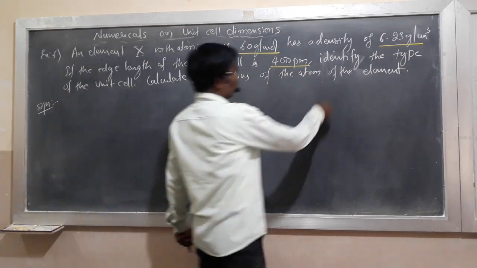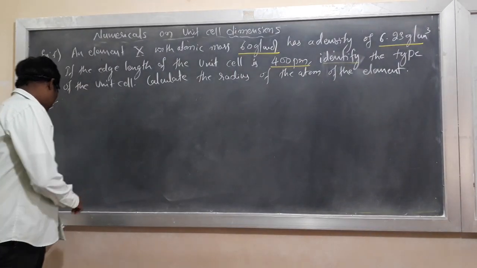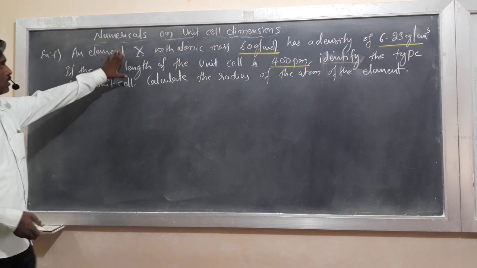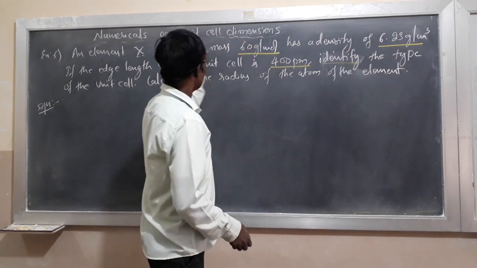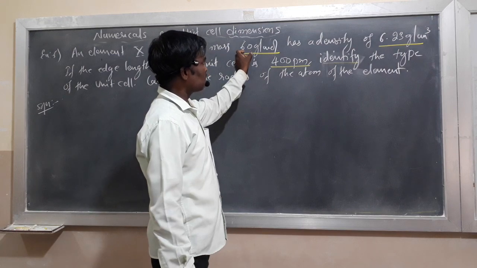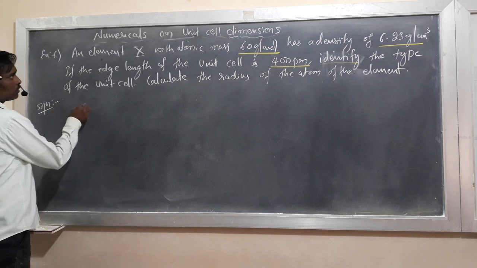Okay, so what type of unit cell is found by these unit cell dimensions? Here certain unit cell parameters are given. The element's atomic mass is 60 and density is 6.23. Let me write the given data.